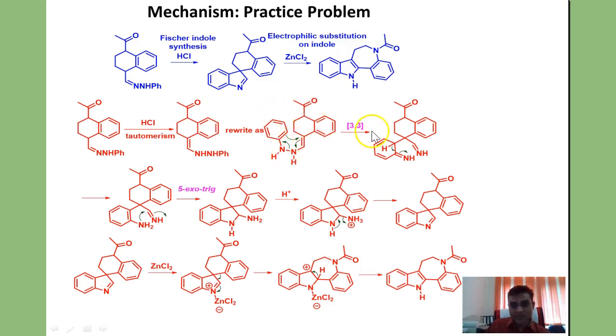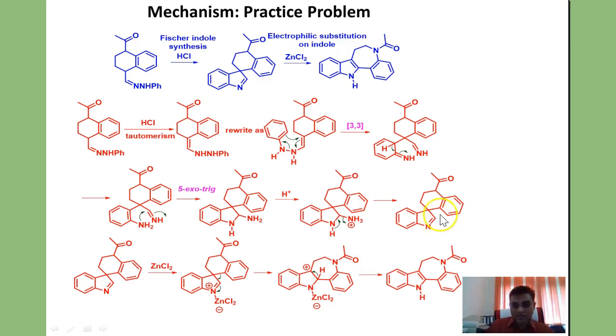This will now undergo a 3,3 sigmatropic rearrangement, in which a carbon-carbon bond is formed and the nitrogen-nitrogen bond is cleaved. Then it undergoes tautomerism, and this nitrogen attacks the C=N, and we get the indole derivative, and this NH2 is lost in the form of ammonia, and we get this spiro type of compound.